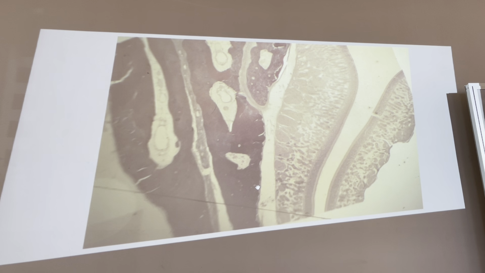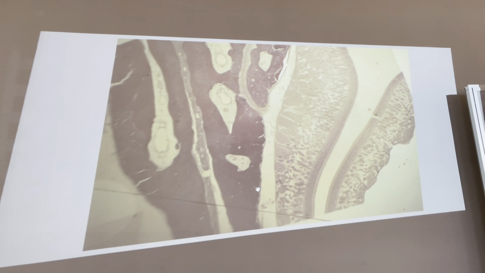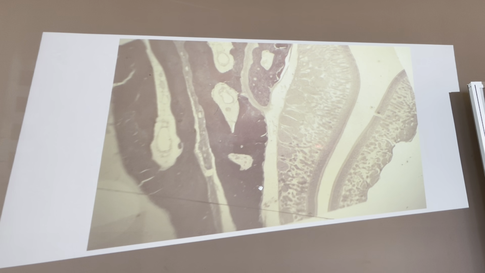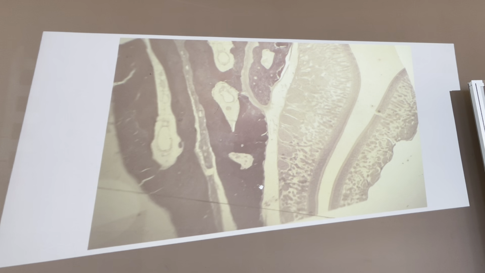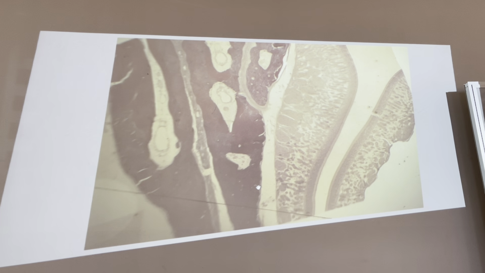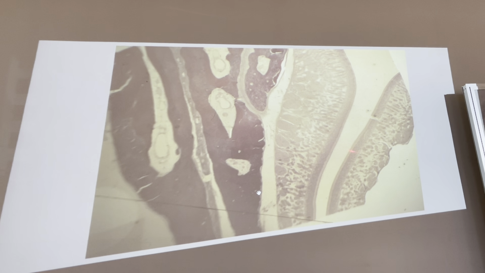You know that the nasal cavity is divided by the nasal conchae. Above the nasal conchae, we have the specialized epithelium, which is the olfactory epithelium, responsible for olfaction or smell. Let's look at the structure of this epithelium.